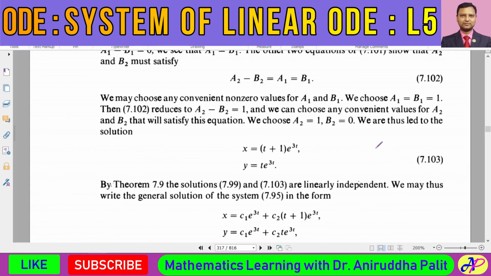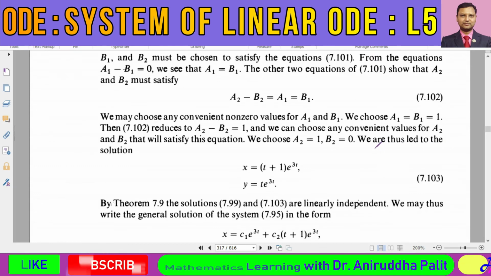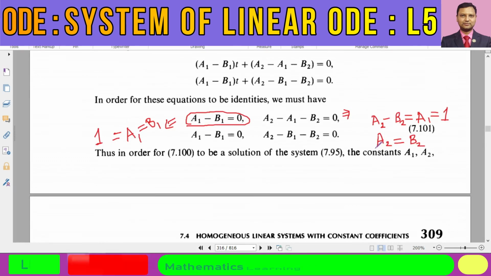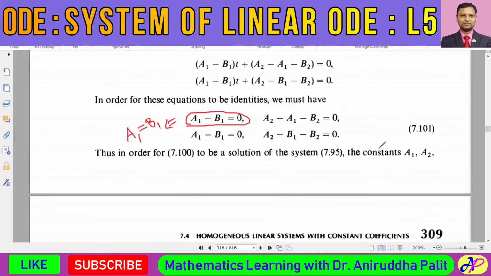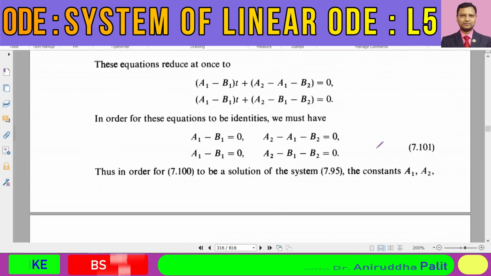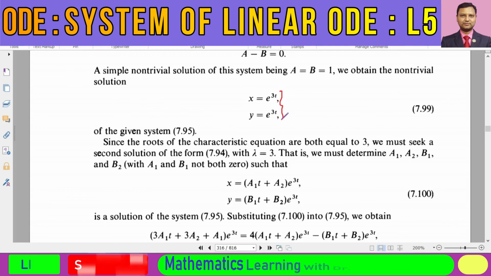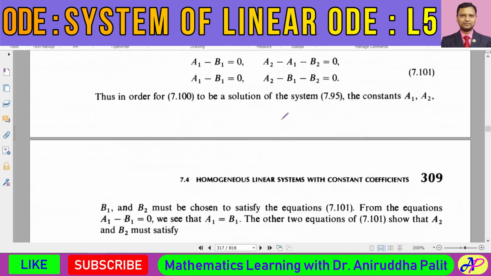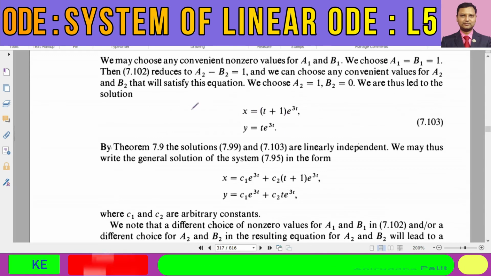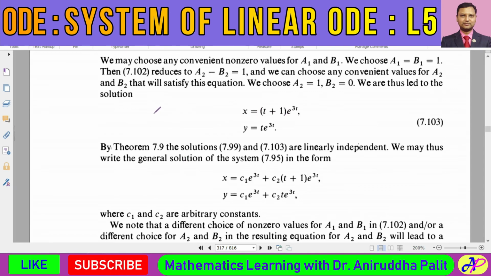What were the first expressions of x and y? Let me clear the screen first. Both were equal to e to the power of 3t. Let me write them over here. The first expression was x equal to e to the power of 3t, and y equal to e to the power of 3t.